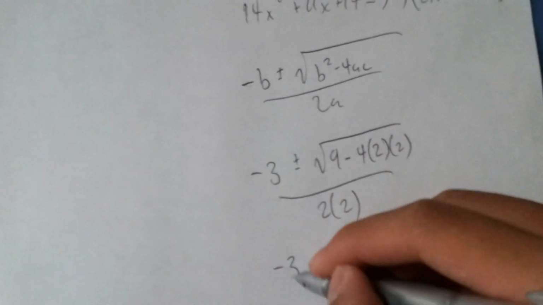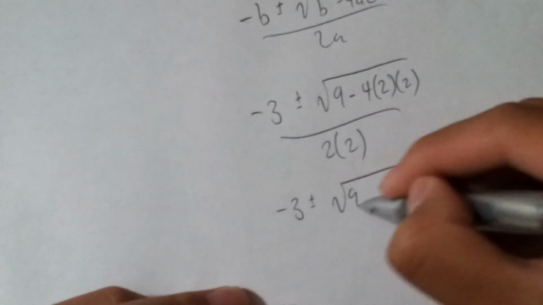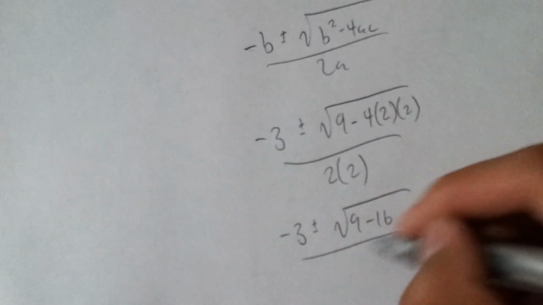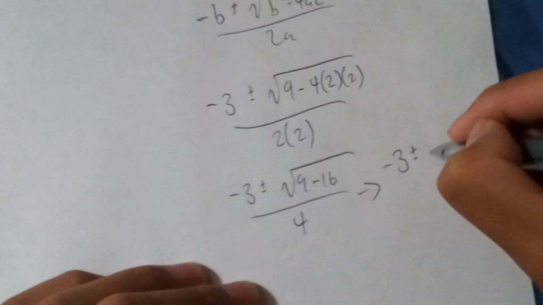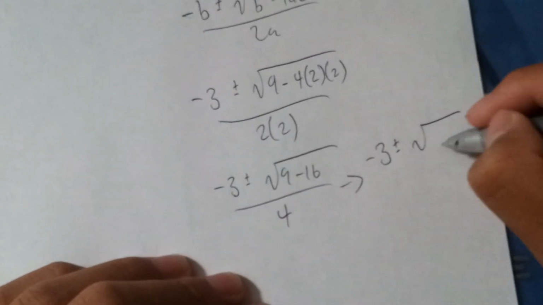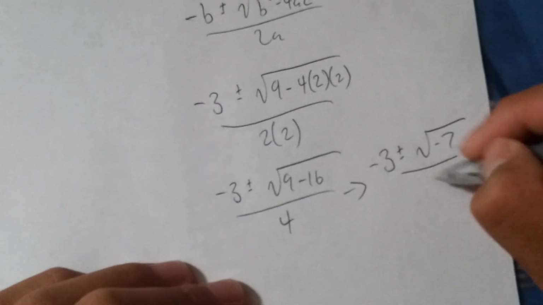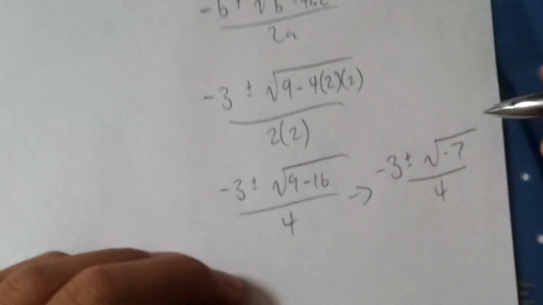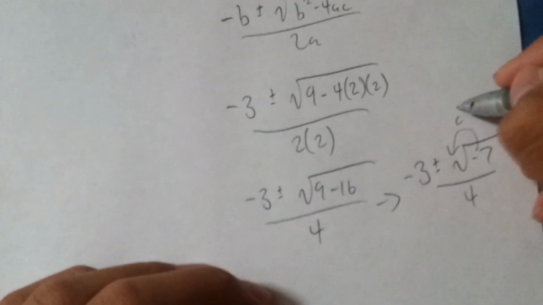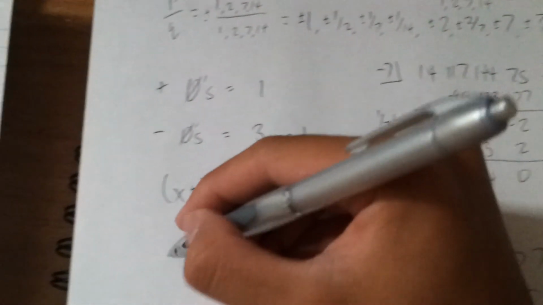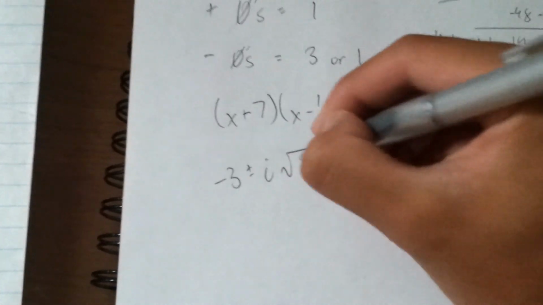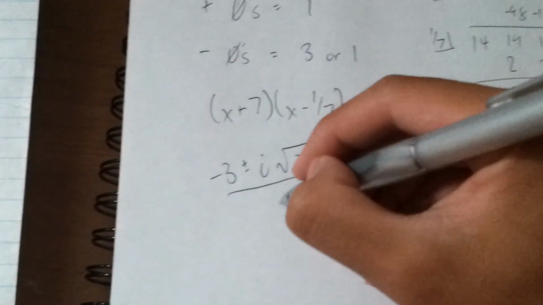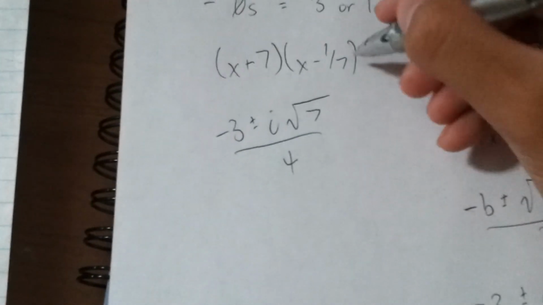And that will become -3 plus minus radical of 9 minus 16 over 4, which goes to -3 plus minus radical of -7 over 4. But negative radical 1 becomes an i. So it's going to be -3 plus minus i radical 7 over 4. So that's another one.